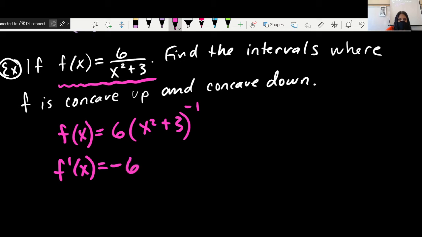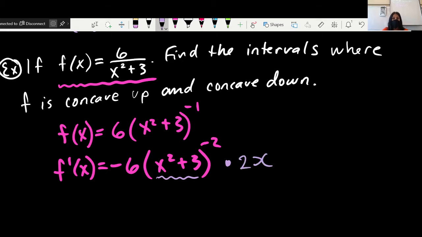So I'd have minus 6. I'd still have x squared plus 3. At the top, remember, we always take away 1, so I'd have minus 2. But then I also need to multiply it by the derivative of the inside. So I need to do the chain rule with this as well. So I would also have that times 2x. I feel like most people were fine with that, and this was all good.